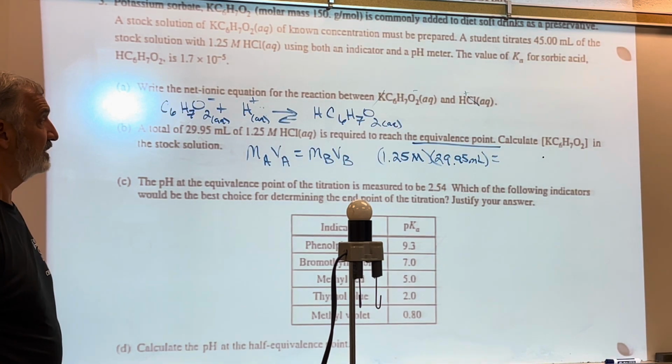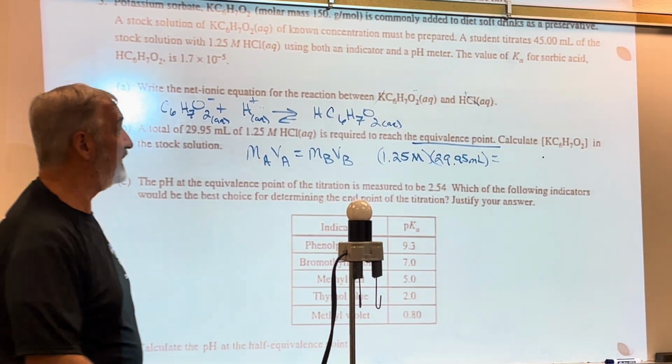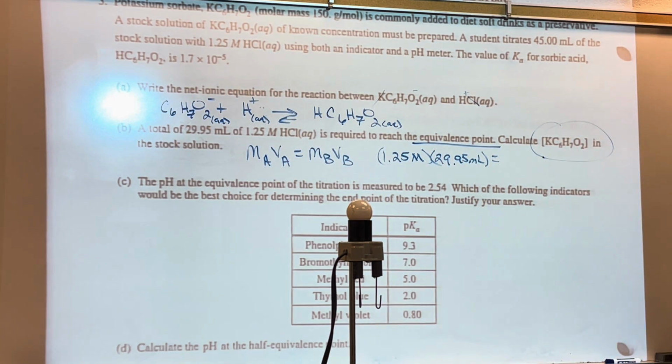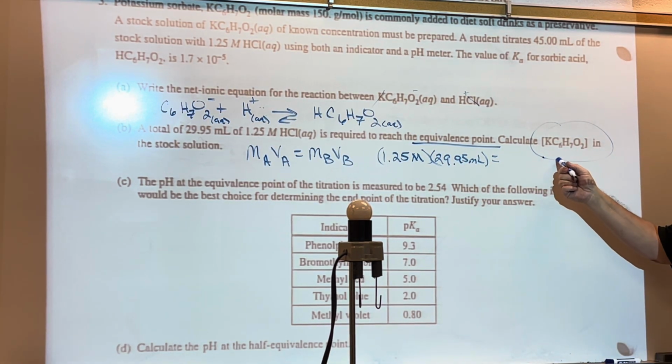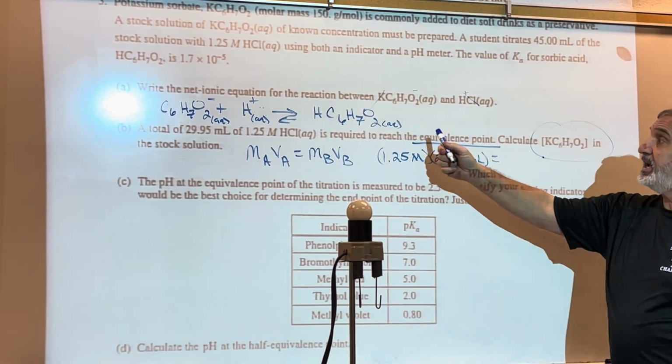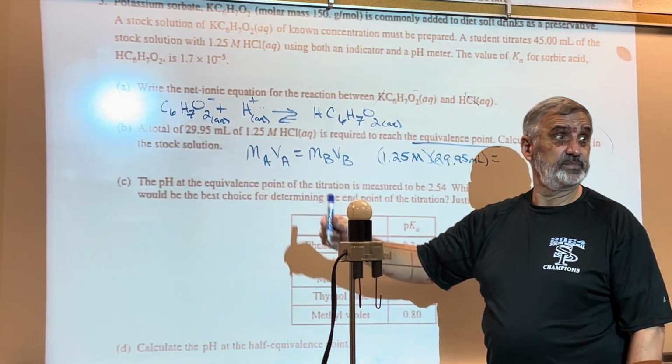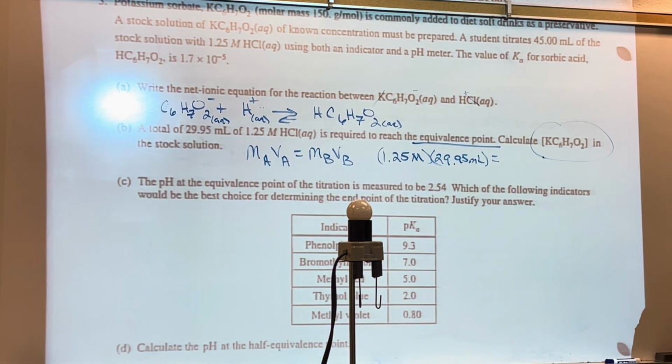With no milliliters. Well, we have to understand, what do brackets mean? Concentration, that means, that's my unknown, that's my molarity of the base is what I'm looking for. And we had to identify it's the base from our equation. Process of elimination, if you know the acid, the other one's the base.